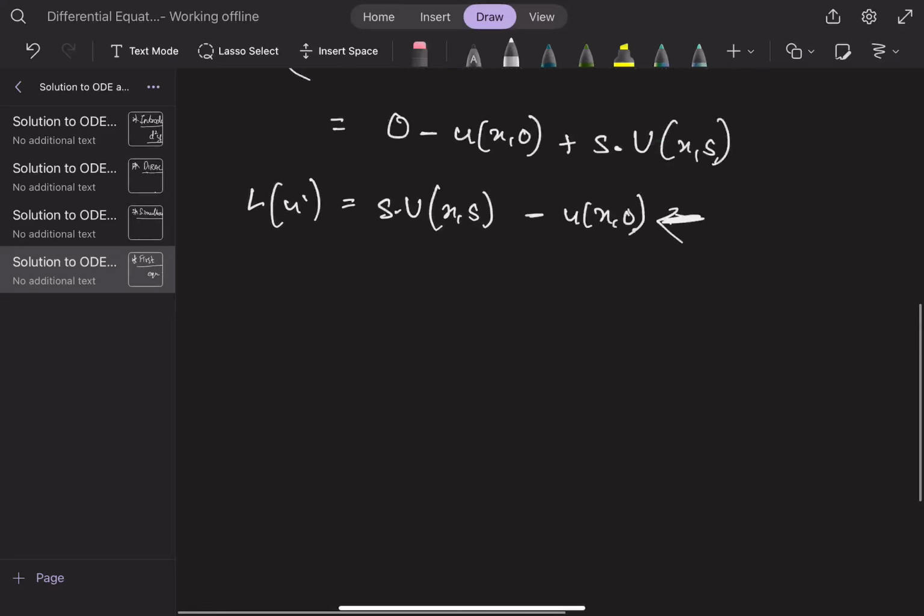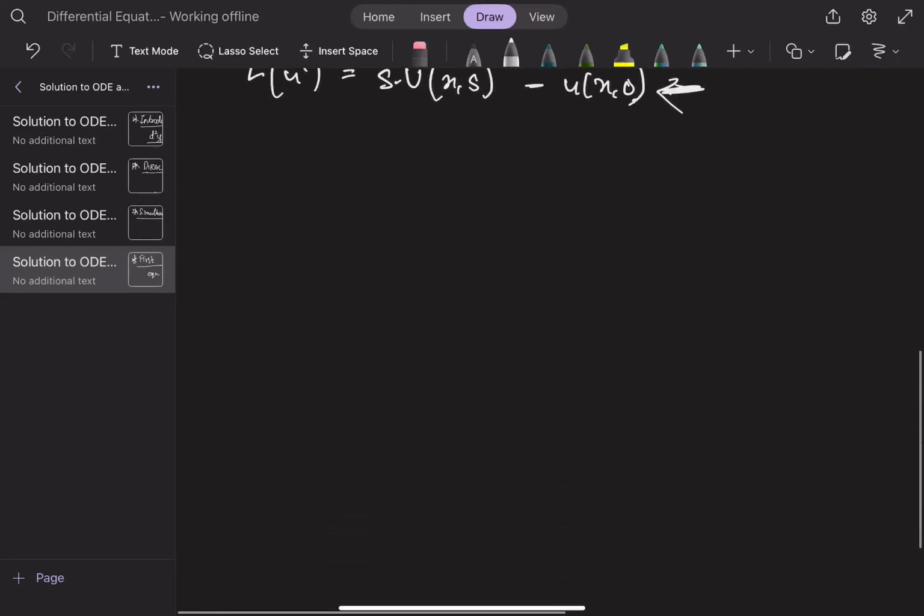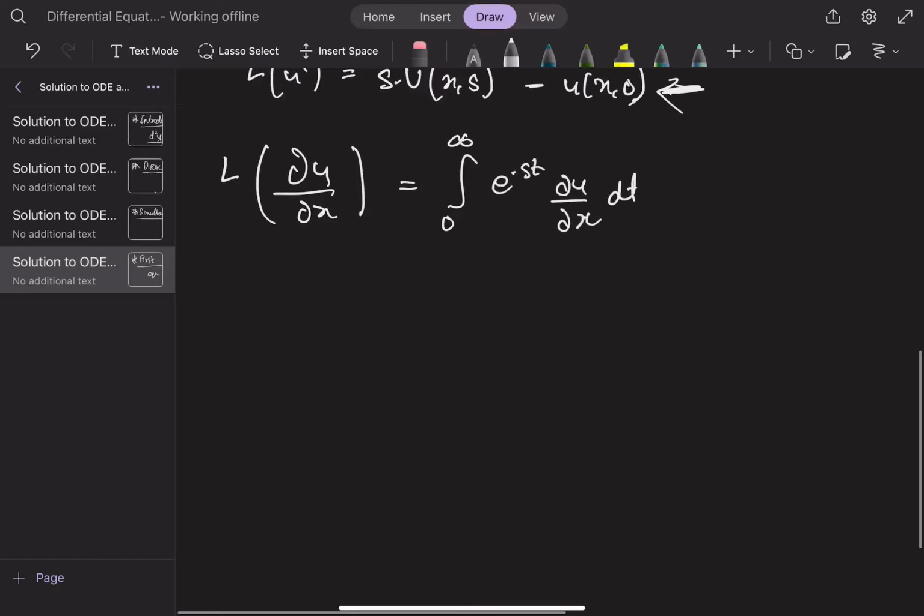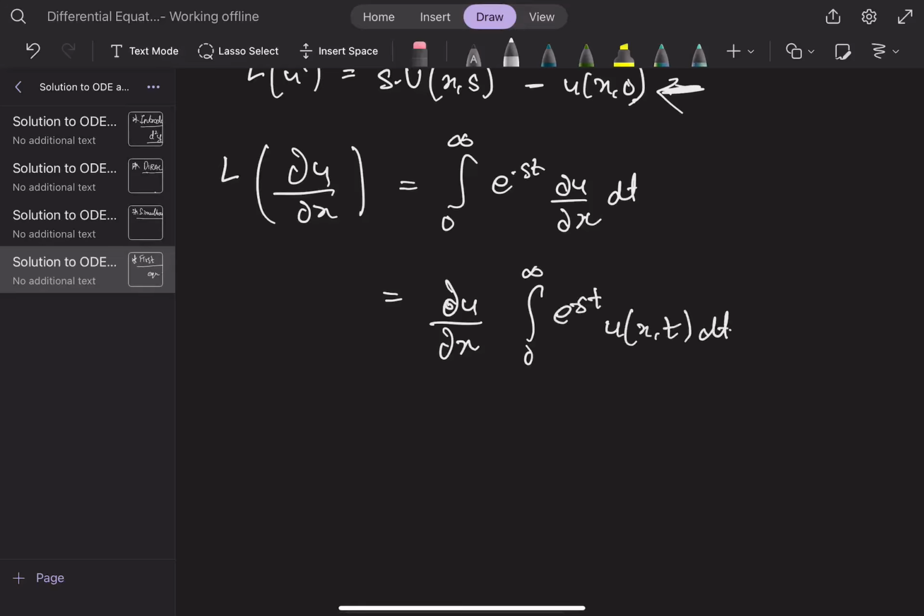Similarly, if I want to find Laplace of del u by del x, it is integral 0 to infinity e raised to minus st del u by del x dt. So del u by del x we will take outside, integral 0 to infinity e raised to minus st u of x comma t dt.